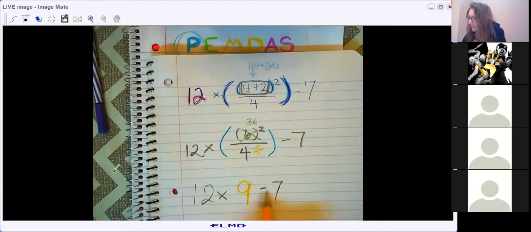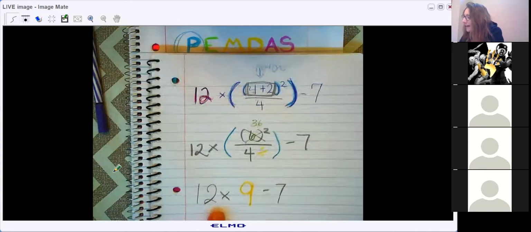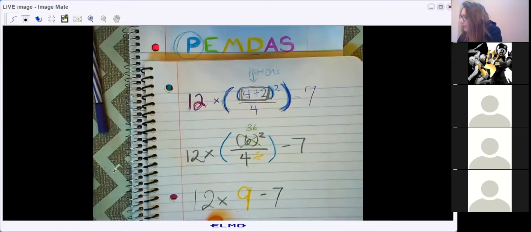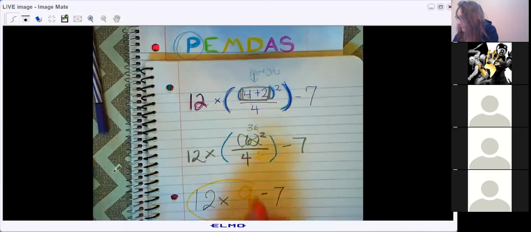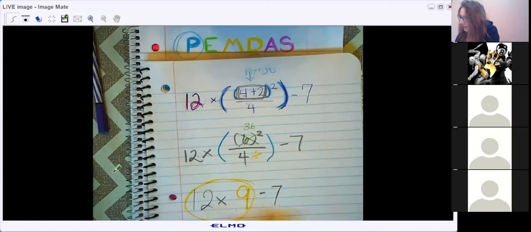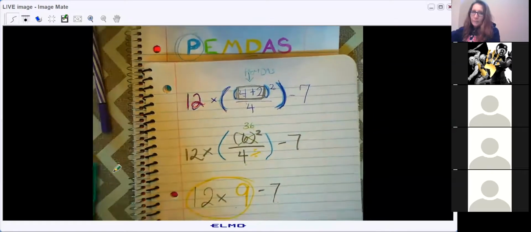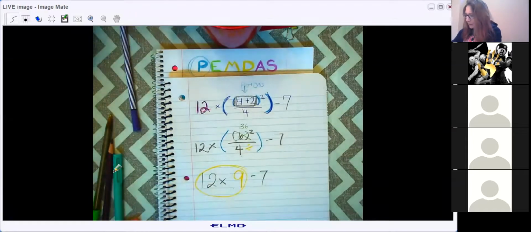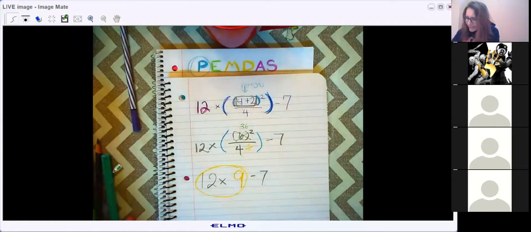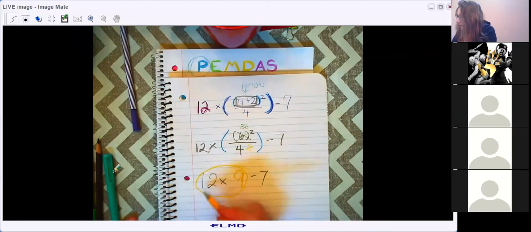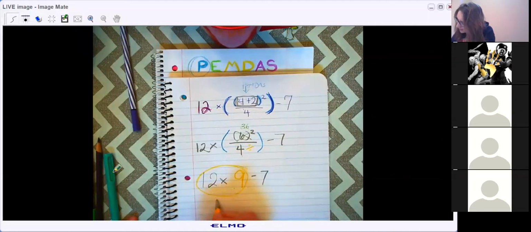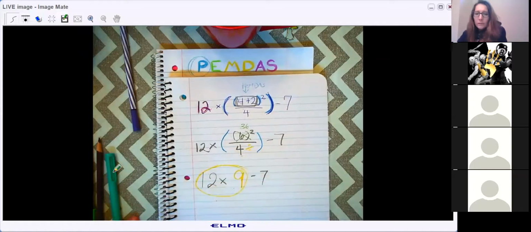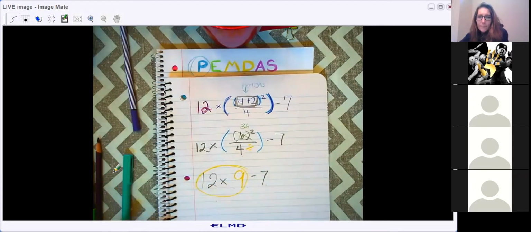I can't subtract 7 from 9 because 9 only has eyes for 12. So this multiplication needs to happen before that subtraction can happen. Let's make this happen. 9 times 12 is 108.